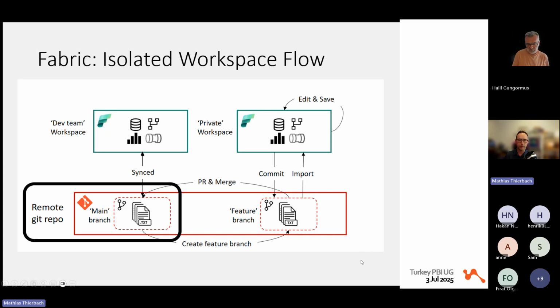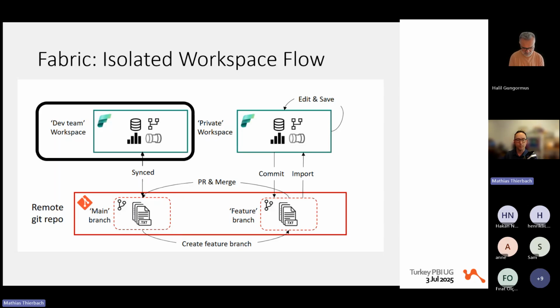So the idea is that we have a main branch, which contains the definition of our projects, and we use Fabric Git integration to do a two-way sync between a team workspace and that branch. That team workspace is generally used just for review. It's not meant to be used for development.